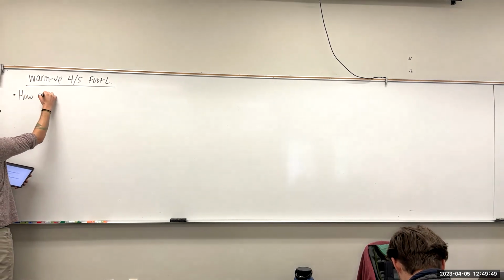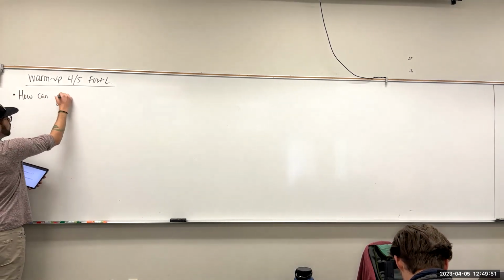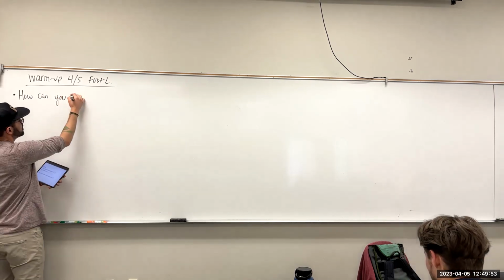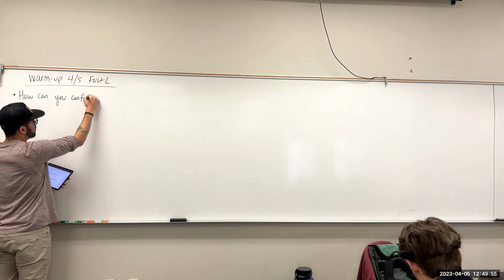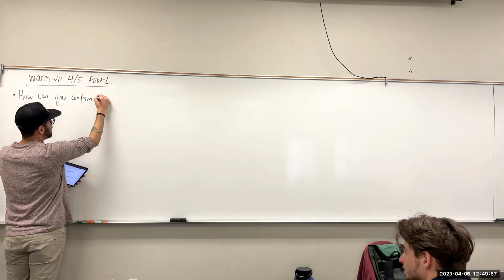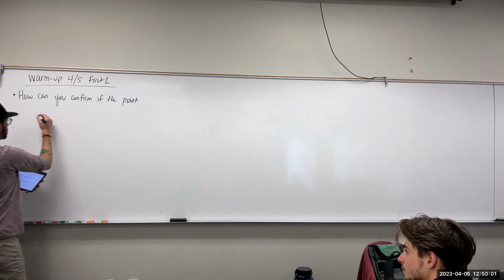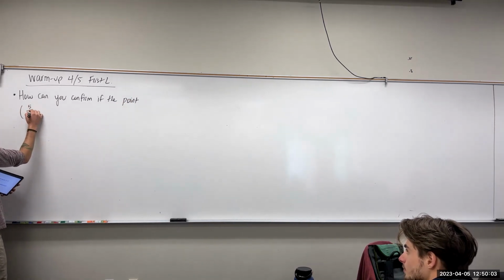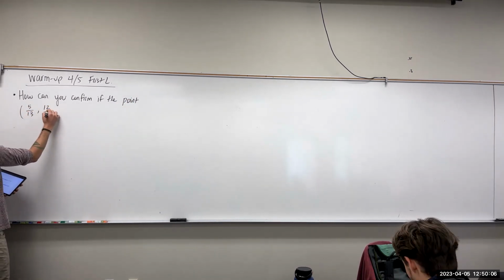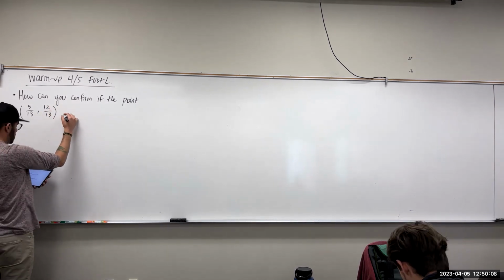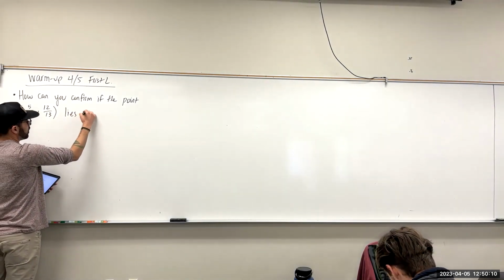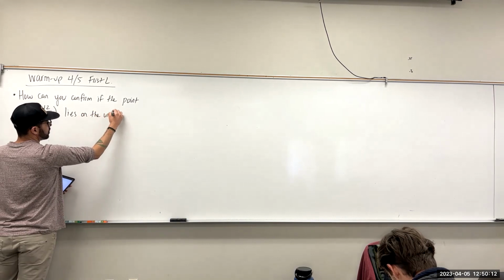So, more like a discussion kind of question, but how can you confirm if the point 5/13, 12/13 lies on the unit circle?